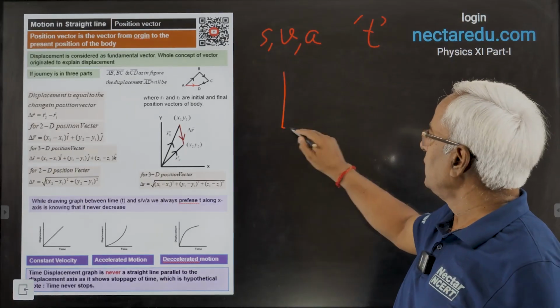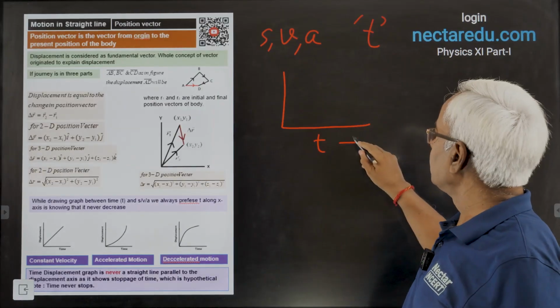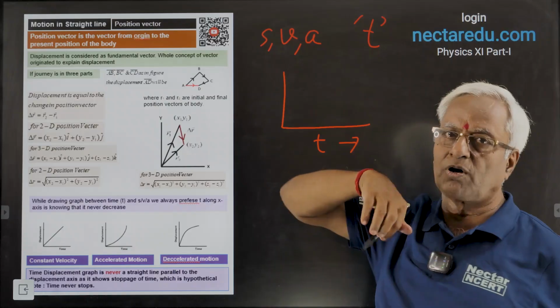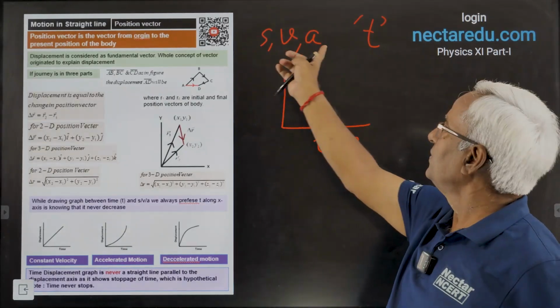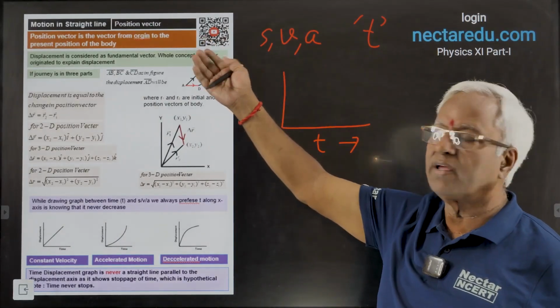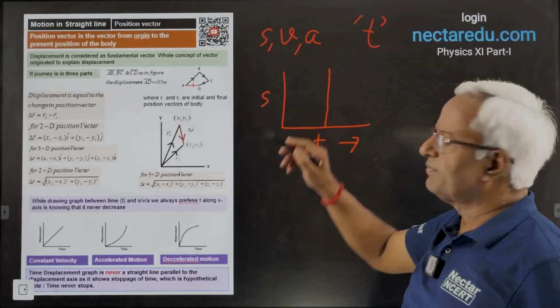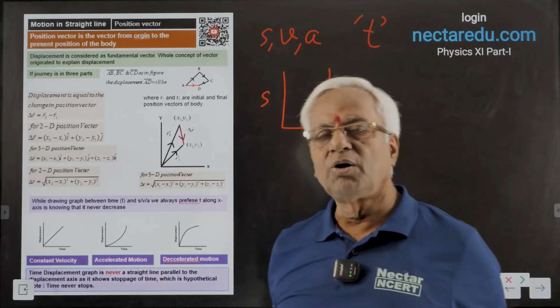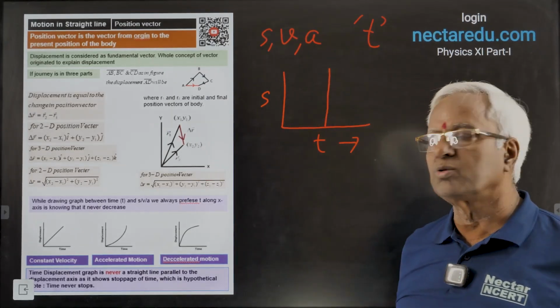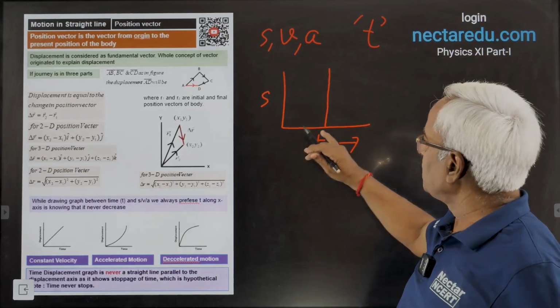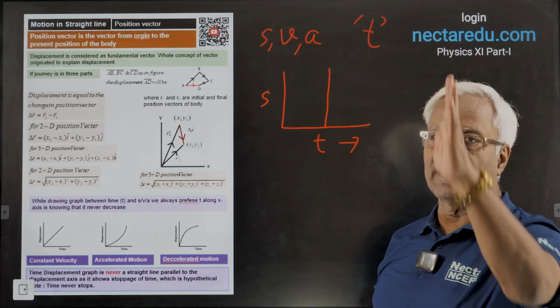So what we do commonly, we always consider time along the x-axis, and along y you have the option of choosing either of these three, S, V or A. One more thing, while drawing the graph, this graph is just impossible. Not only with S, V and A also cannot be over here, because this is depicting that time is constant, time has stopped.